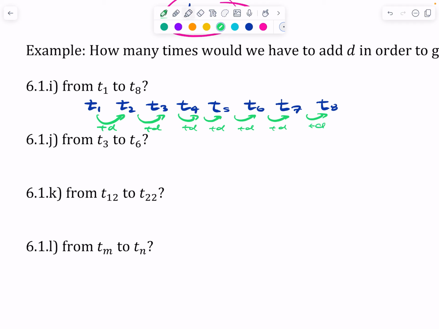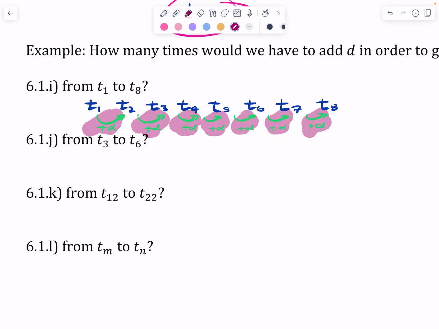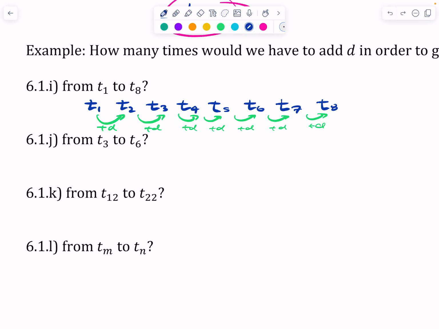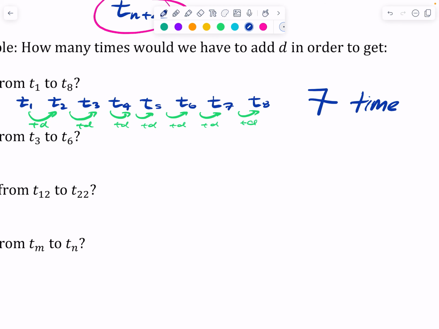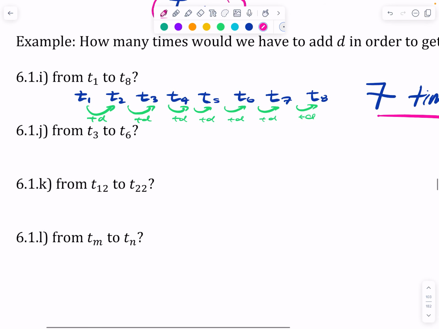How many times do we add that difference? Well, if I just count them, it's 1, 2, 3, 4, 5, 6, 7. I added it 7 times. So that's the answer to example one there.